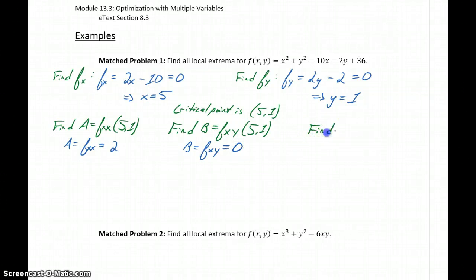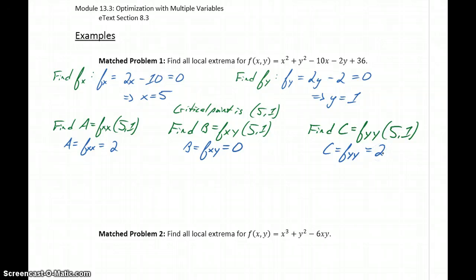And then we need to find our value for c, which is the second derivative, both differentiated with respect to y, evaluated at x equals 5, y equals 1. So we take our first derivative with respect to y and differentiate with respect to y again, which is going to give us 2.